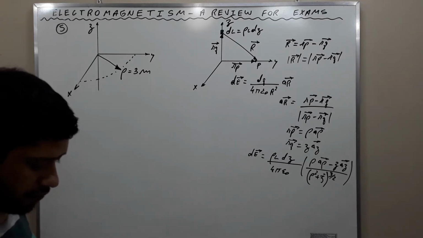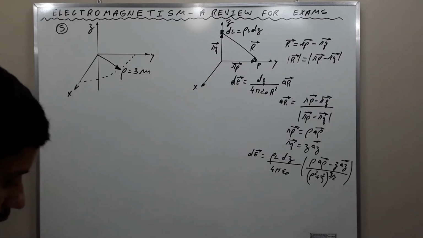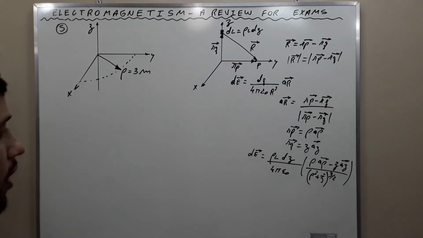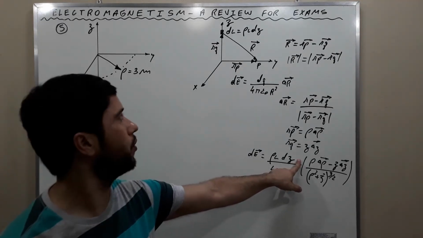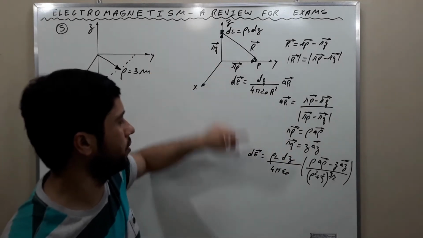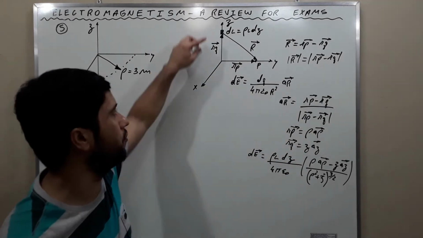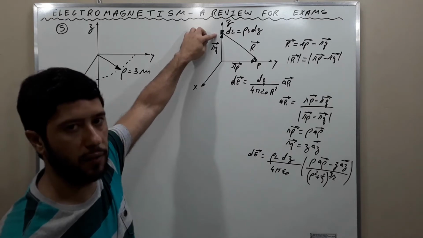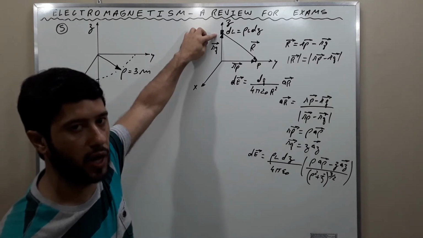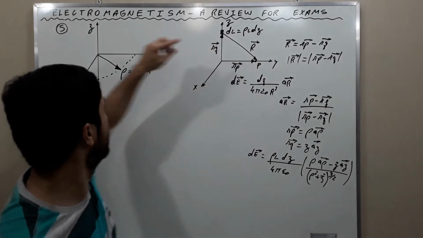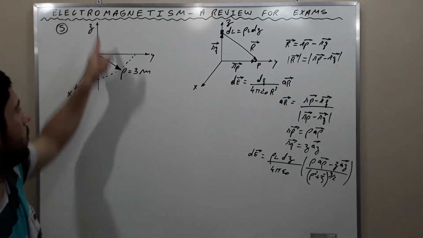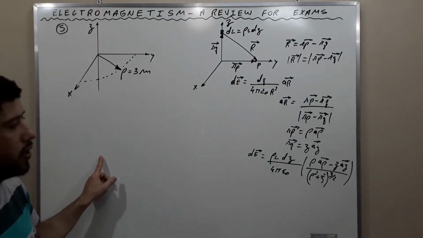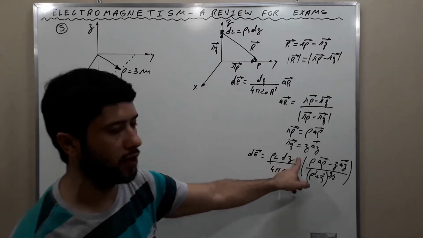And as the field contributions cancel each other out in the z direction, we need to integrate in z, okay? Because this is only for this element of charge, this differential element of charge. If you want the entire line of charge, we need to integrate this in z.